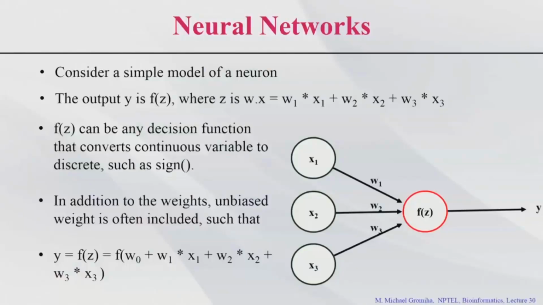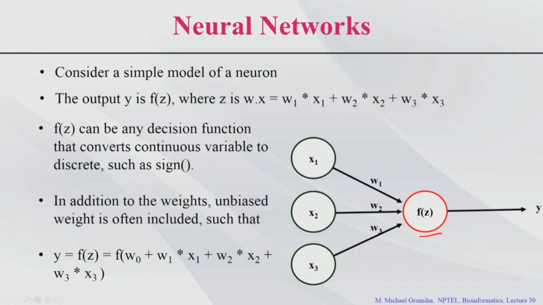Likewise, you can use this type of information in different classification problems. For example, take a simple model of a neuron, a kind of regression in 1D. The output is f of z, connected to different inputs, for example, x1, x2, x3, assigned with different weights w1, w2 and w3.